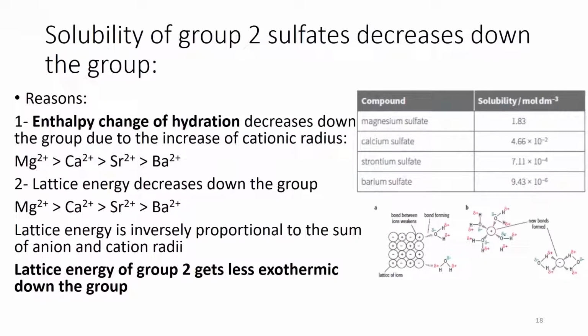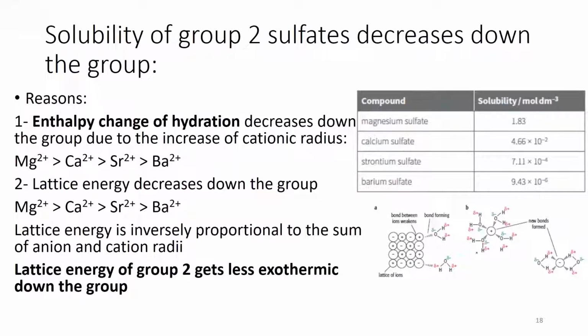So you have the positive cation surrounded by water molecules and the negative anion surrounded by water molecules, and when this hydration happens, if you have a larger atomic radius, the attraction between the positive cation and water molecules would decrease, similar to the negative anion with the water molecules. So you are increasing the atomic radius.